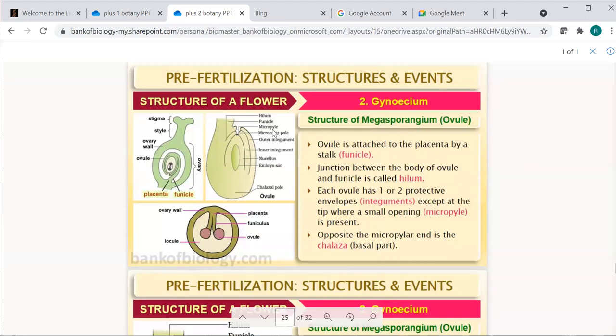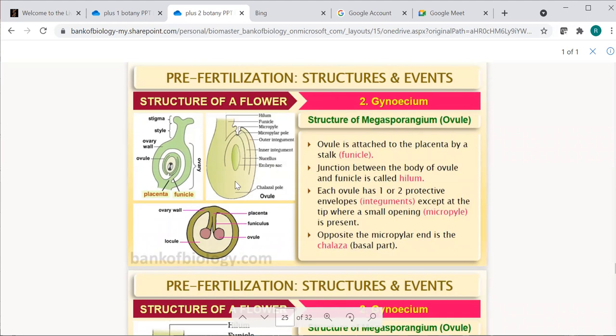Why is there an opening? Because the pollen tube has to enter through somewhere, right? That is why there is an opening over here. That is called the micropyle.